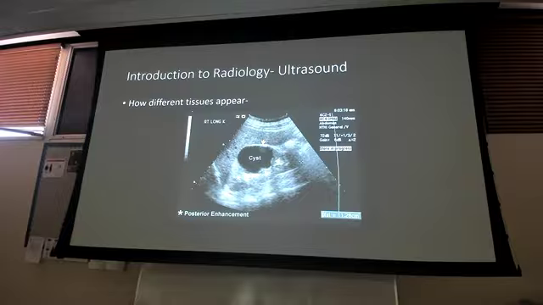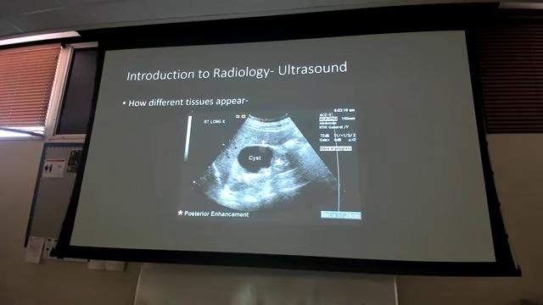Then it hits that wall of tissue after the fluid, and it's got higher energy than surrounding it, so it reflects more of those higher energy sound waves back, so it looks brighter white to the transducer compared to surrounding, because it's been going through and slowing down the energy as it goes through all the soft tissue around it.